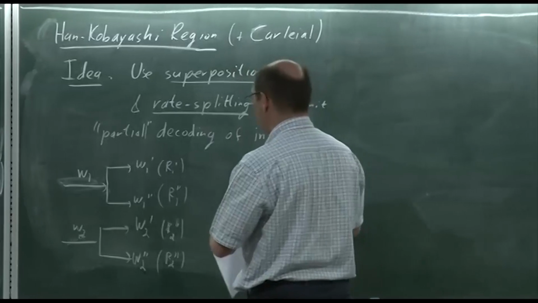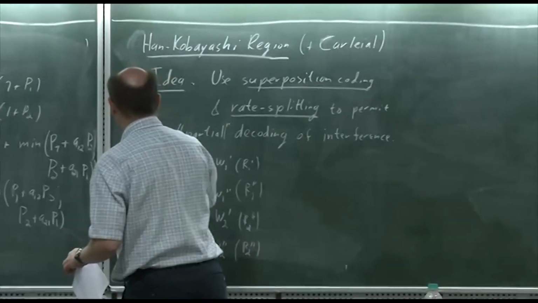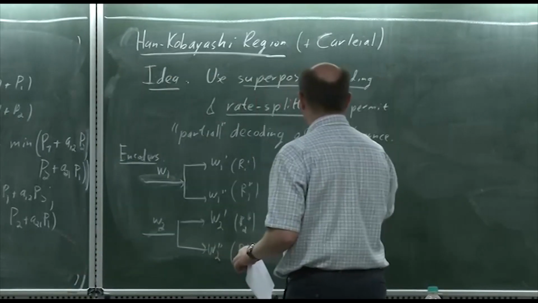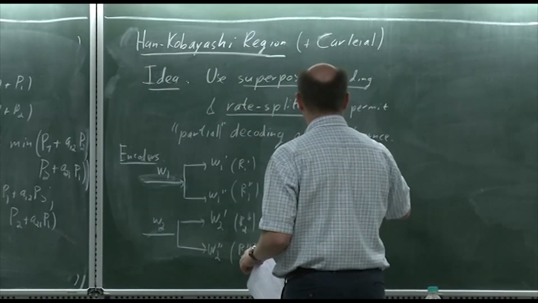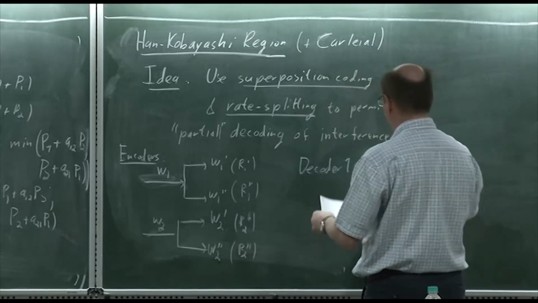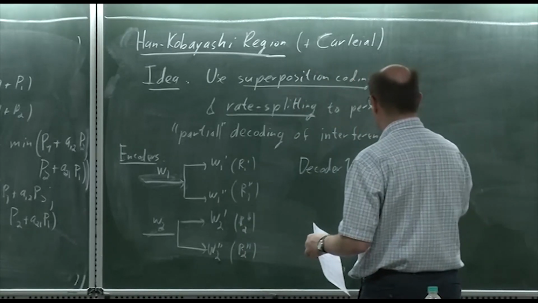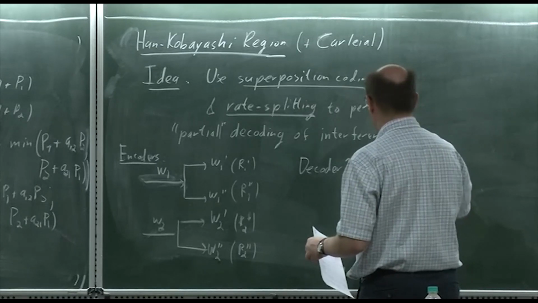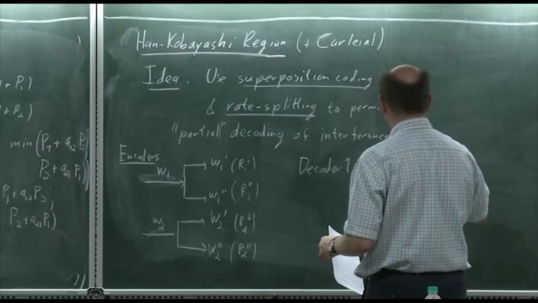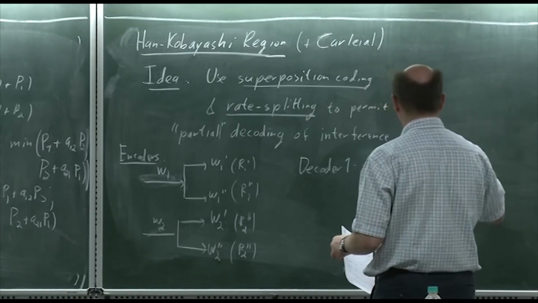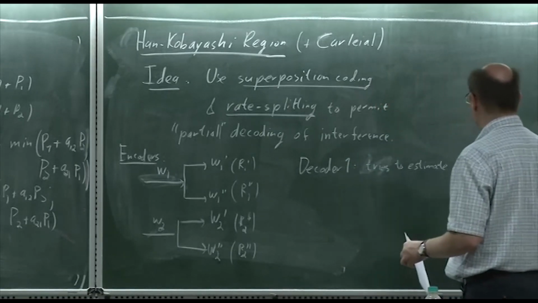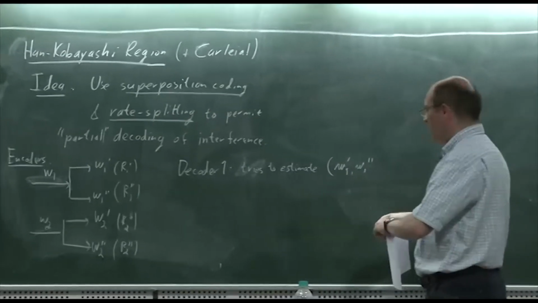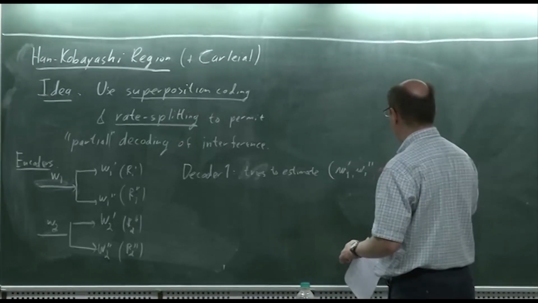So these are the encoders. The decoders: decoder 1 tries to estimate, or decode, the following messages: W1 primed, of course, and W1 double primed, those it has to decode, and W2 primed.